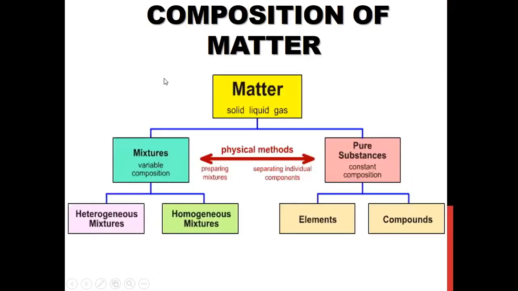The composition of matter. Matter could be solid, liquid, or gas. It could also be a pure substance or a mixture. A pure substance has constant composition, like an element, which couldn't be separated into simpler substances, or a compound, which is of constant composition but can be transformed into elements by chemical change.